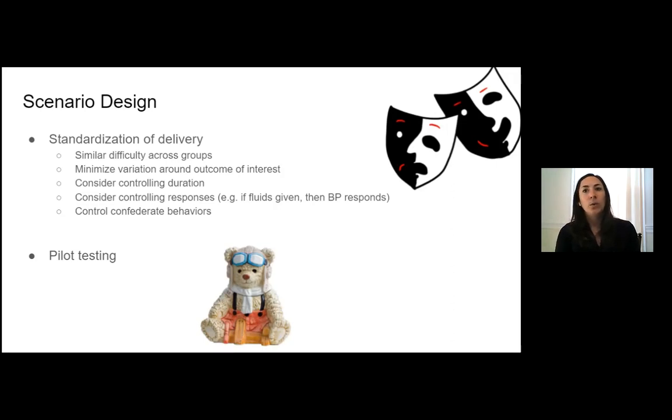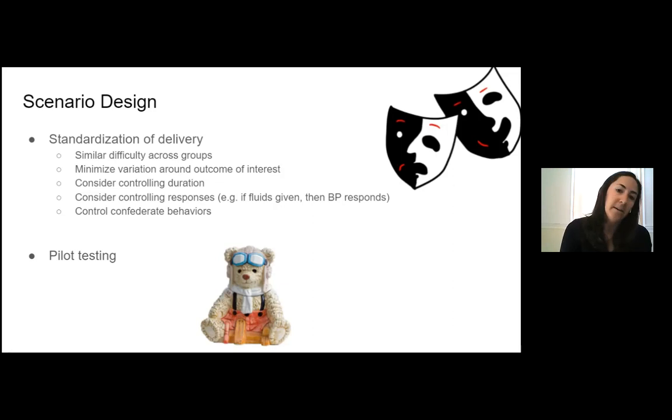But you have to realize that there's different levels of training, and to be a good confederate requires you to be able to improv to a certain degree and respond to how the learners are going to act in a scenario. But again, you don't want them to improv too much, because then that enters a degree of variability. So things you may consider doing would be giving your confederate standardized verbal cues.